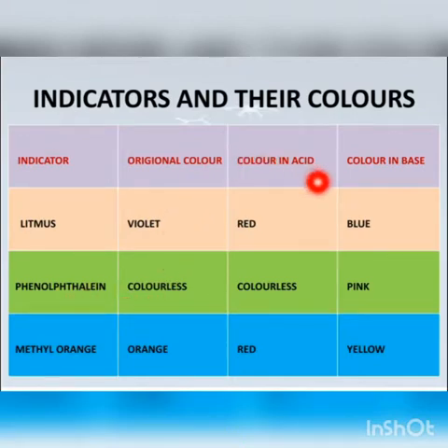Now, color in acids: litmus paper or litmus solution shows red in acids and blue in basic solution, and phenolphthalein is colorless in acids and pink in base. Likewise methyl orange is red in acids and yellow in bases. So this is an important table, you have to learn this table and this is very important. Okay class.